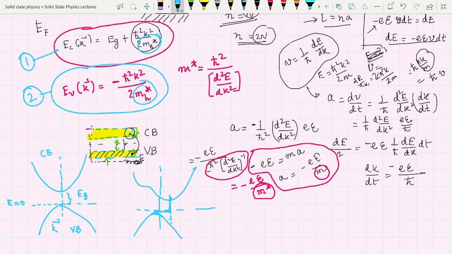Due to this extra path, some phononic interaction is there. We will study this later. So this is known as the indirect band gap semiconductor. And this is a direct band gap semiconductor like gallium arsenide.